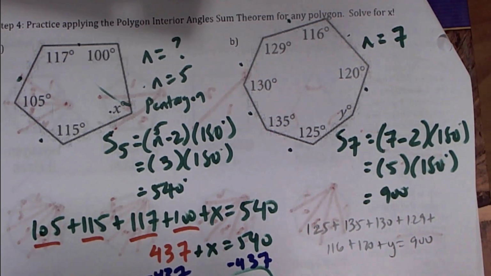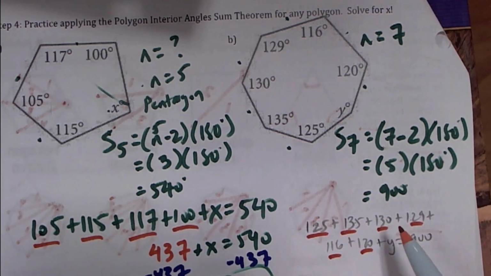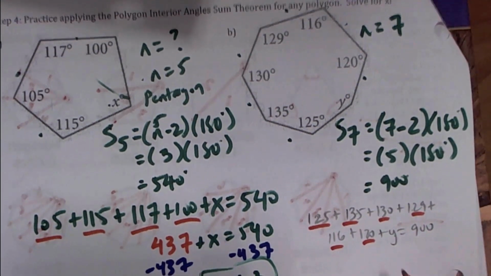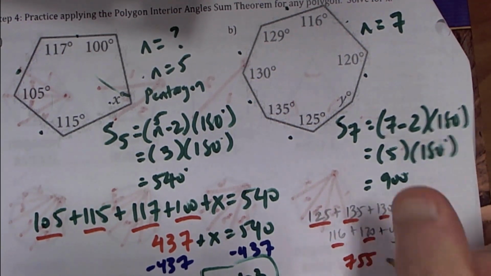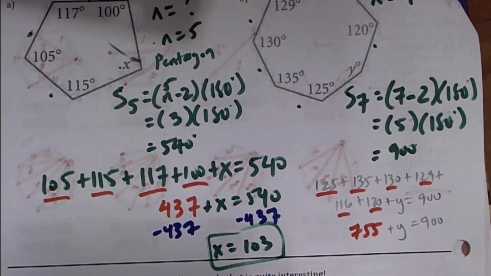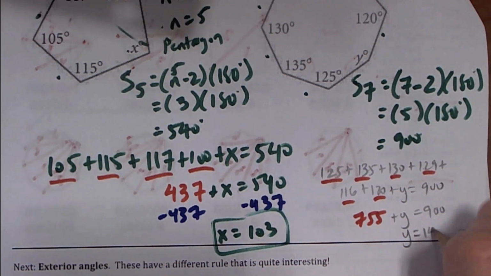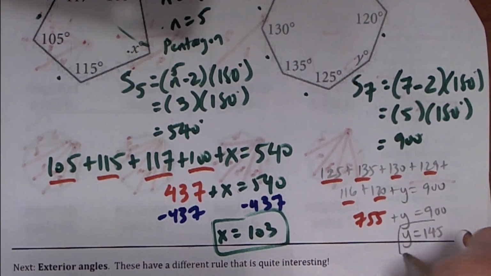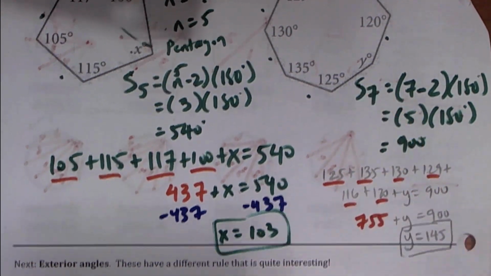If you add these up, I'm just going to wave my magic wand here, and you do it yourself. Add all these guys up. 600 plus 25, 35, 30, 29, 16, 20. We get 755 plus y equals 900. Subtract 755 from both sides, and we get y equals 145 degrees. Now, I don't have to put the degrees here because it's already there, so when you plug it back in, you get the degrees.